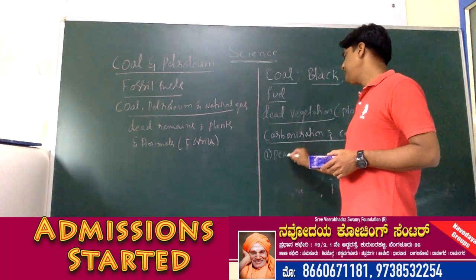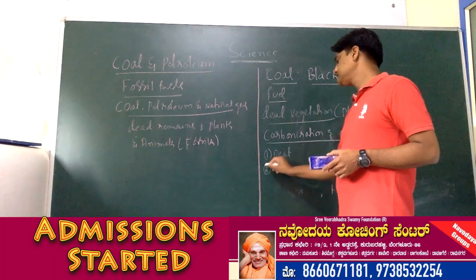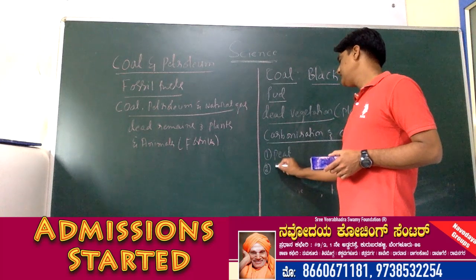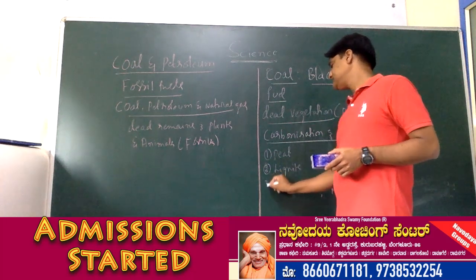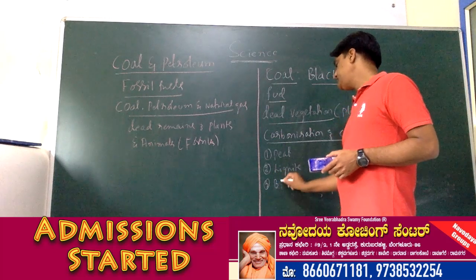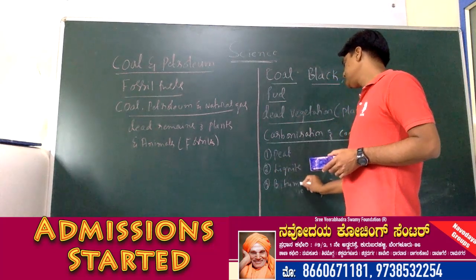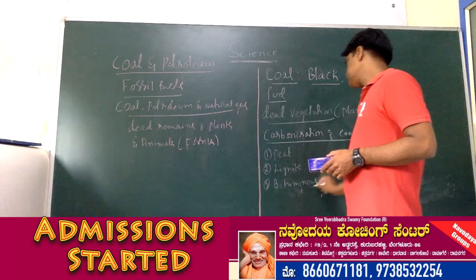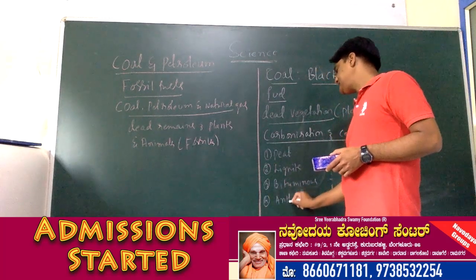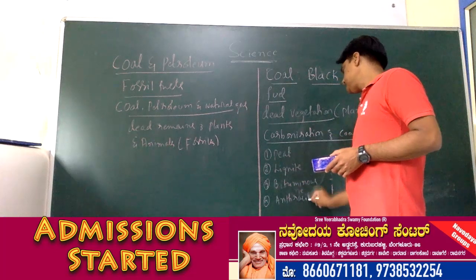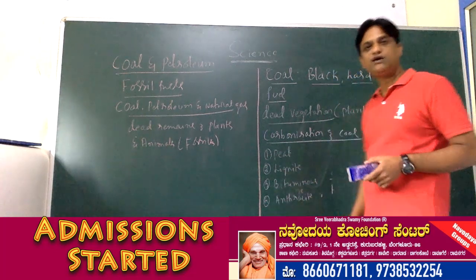One is called peat, then lignite, then bituminous, and anthracite. These are the four varieties of coal.